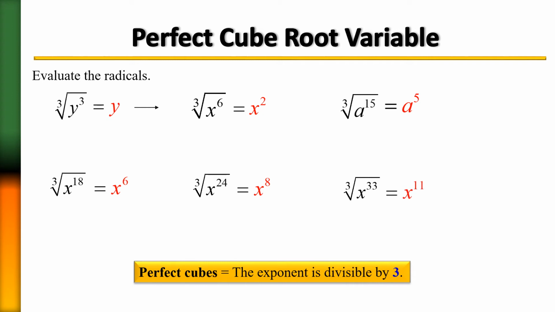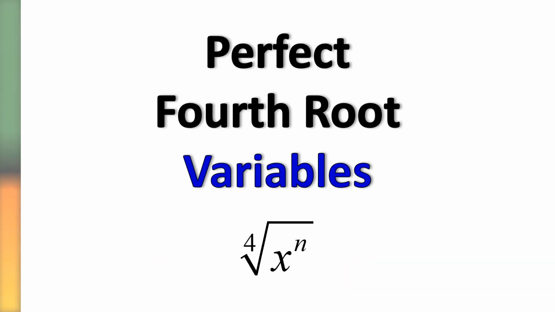There you have it. Perfect cube root variables. You know they're perfect cube roots because the exponent of the variable is divisible by the index of 3. Moving on to fourth root variables. You know it's fourth root because it has an index of 4.